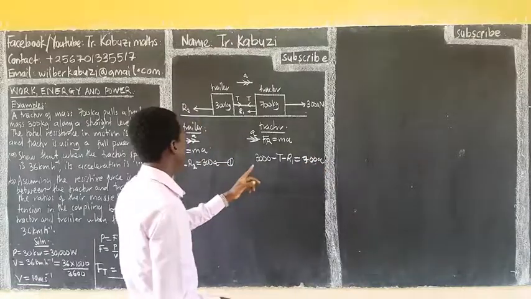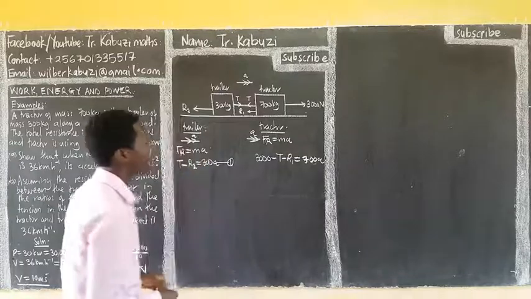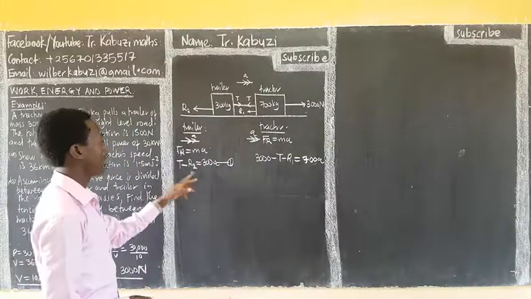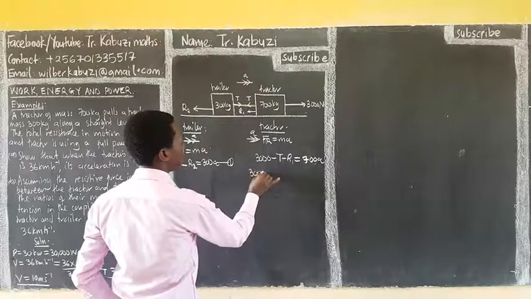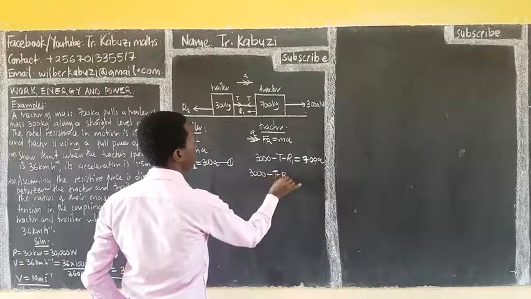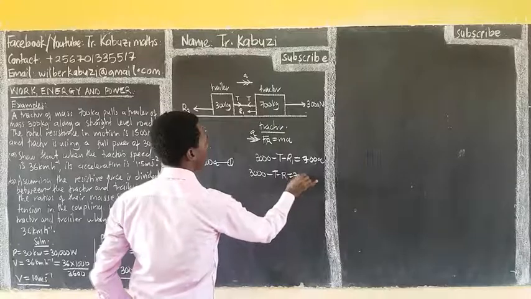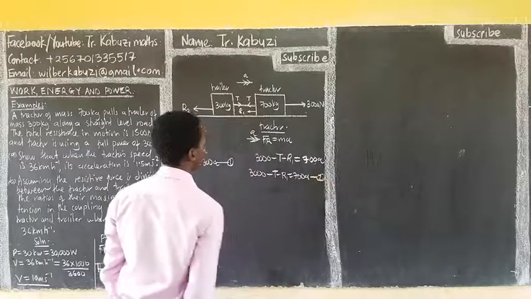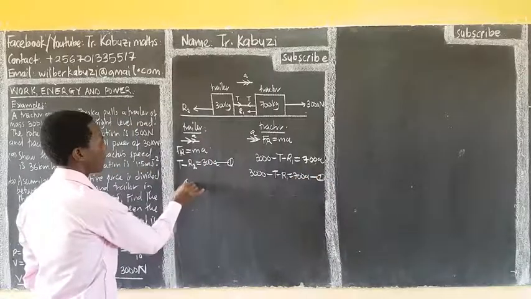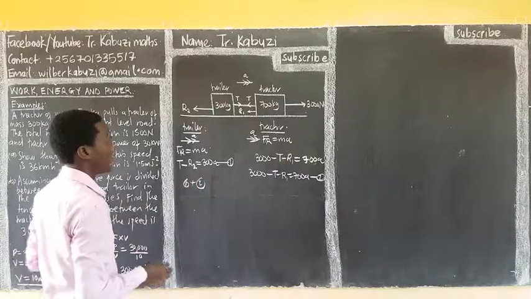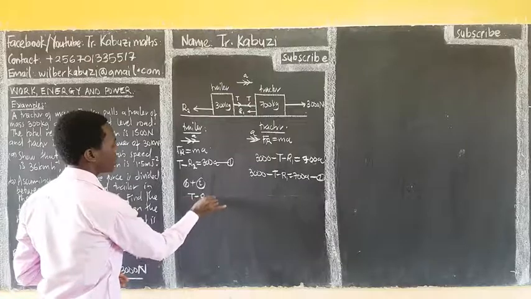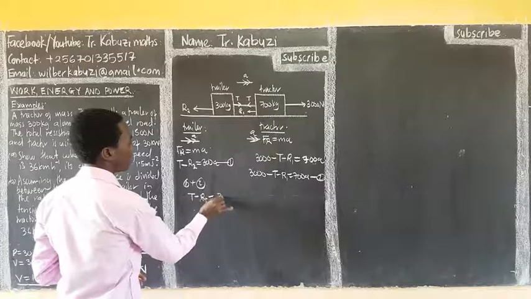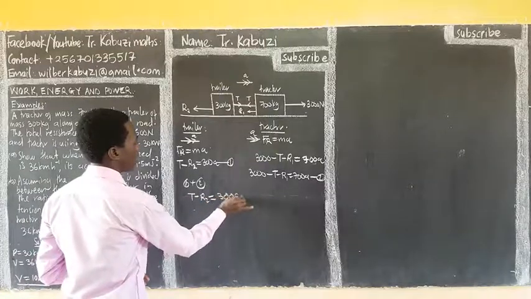So from there, you can see we have this and we have this. What can we do? Eliminate these two. So we can call this 3,000 minus T minus R1 equaling 700, equation 2. So we can add 1 plus 2. If we add 1 plus 2, we have T minus R2 equaling 300a.